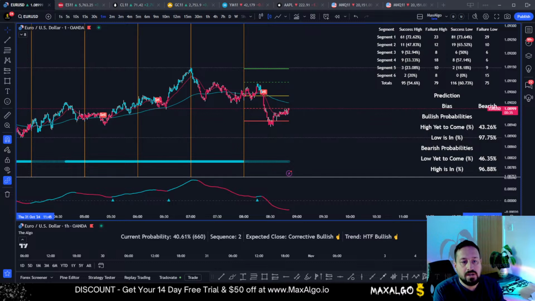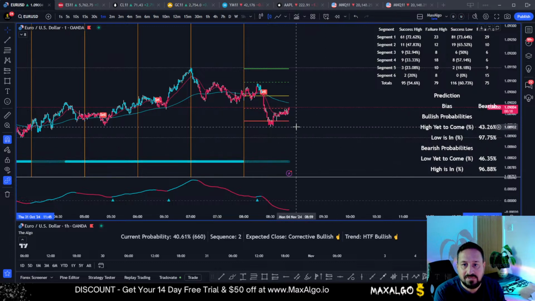No, so it's basically saying to you, high is in. So what is the percentage that this is the high? So it's 96% this is the high. Low yet to come. So there's a 46% probability the low is yet to come this hour.